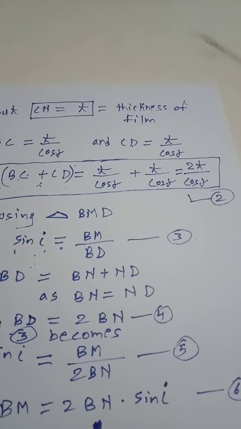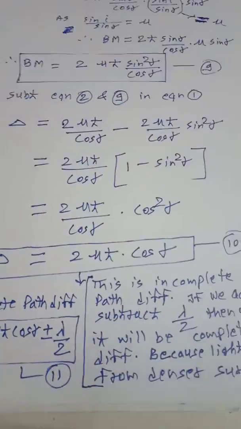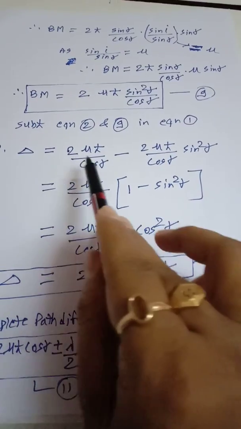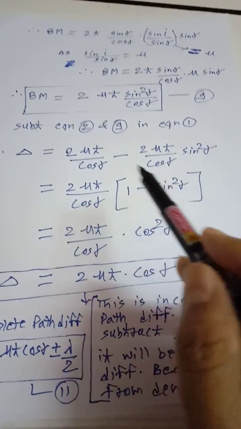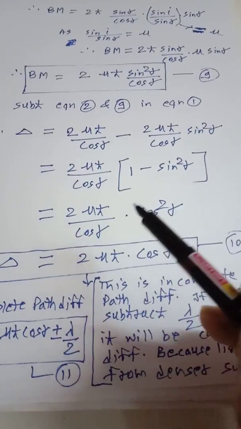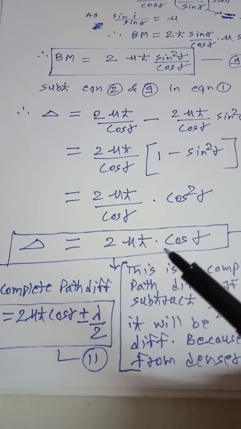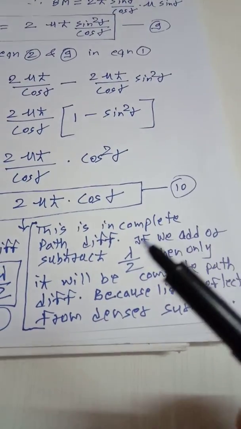Now BC plus CD from equation 2, substitute in equation 1, so we get this expression. You can see 2 mu t upon cos r minus 2 mu t upon cos r into sin square r. This can be taken common. 1 minus sin square r is cos square r, so this can be written as 2 mu t cos r. But this is not the complete path difference.